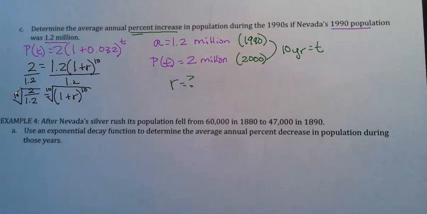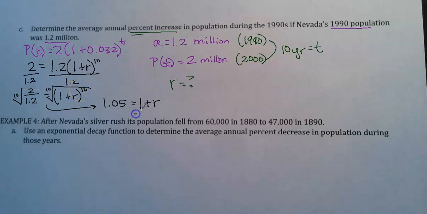Okay, so hopefully you have your calculator so you could put in the 10th root of 2 divided by 1.2, and you'll get 1.05. So 1.05 equals 1 plus R, because our 10th root and our power of 10 cancel.